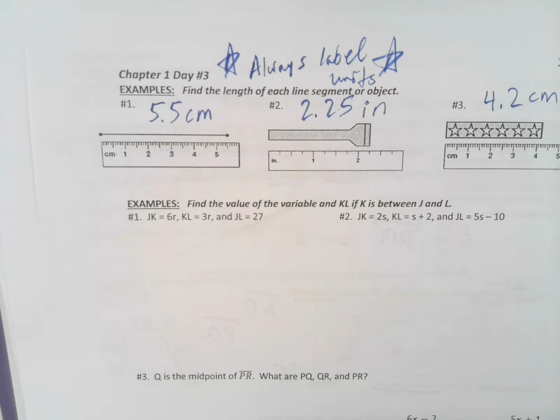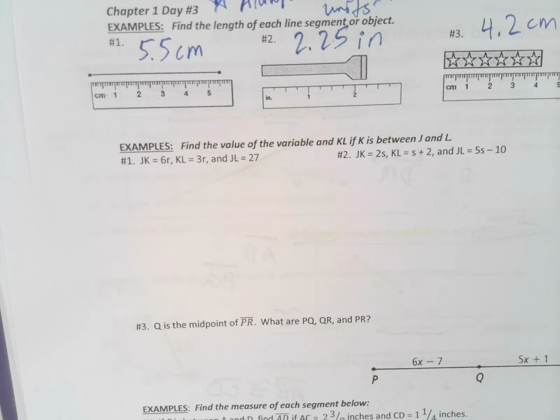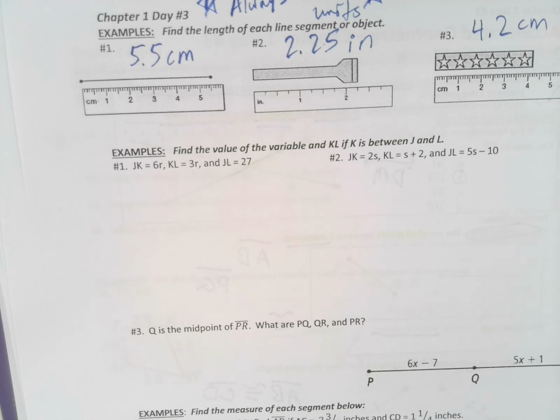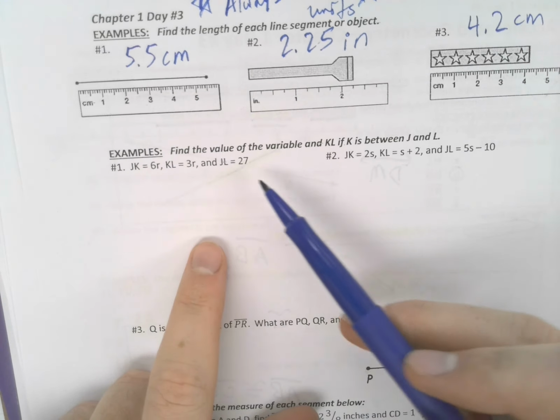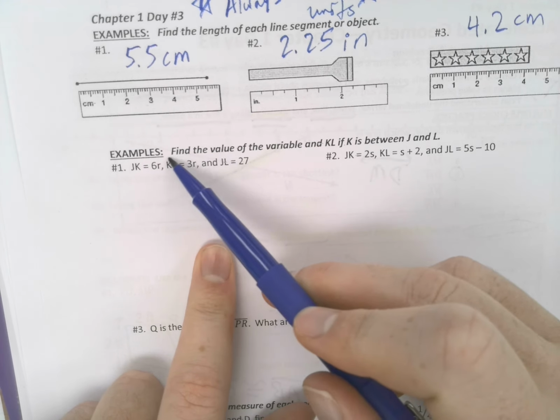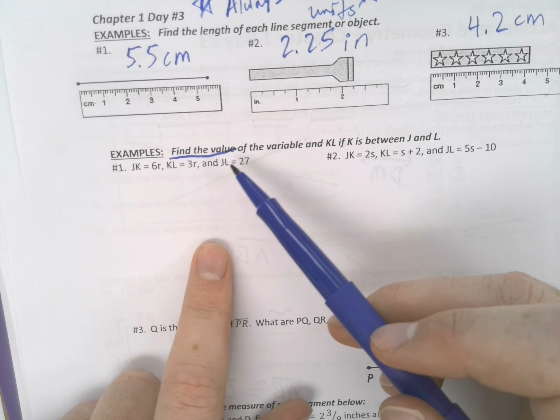All right. Next up, let's start dealing with some algebraic values. Oh yeah. We're going to start mixing in some letters with these numbers. So we're going to find the value of the variable. So if we're finding the value, that means we're probably creating an equation.